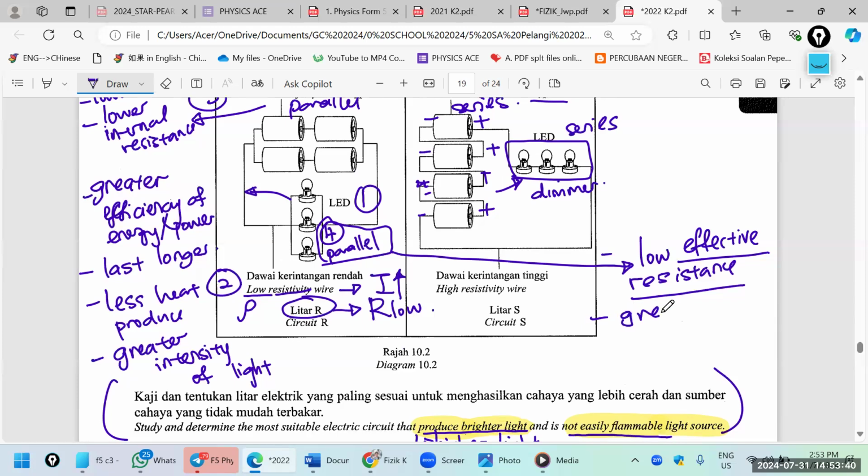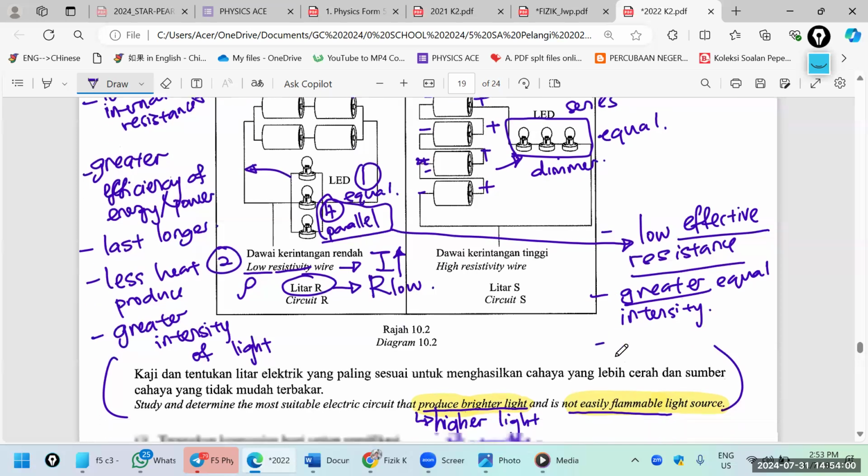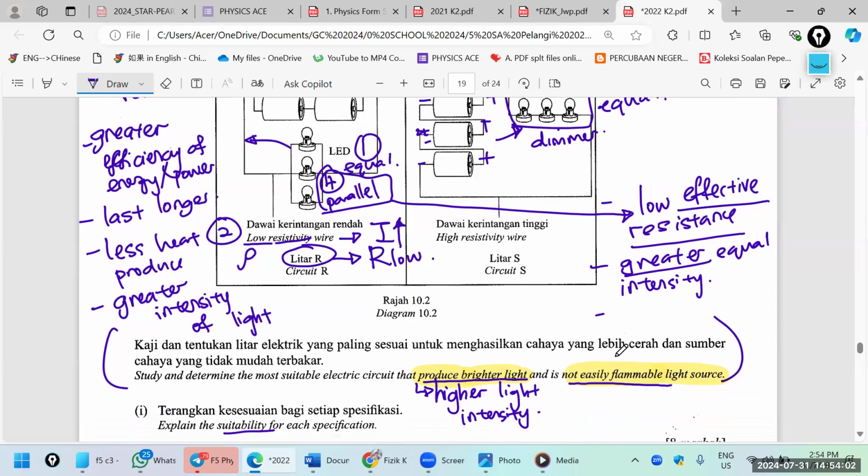We say greater intensity. If you want to say greater, equal intensity, okay, but you must mention greater intensity. This one equal, but brighter. Why? Always remember the brightness comes from voltage. So we say higher potential difference.